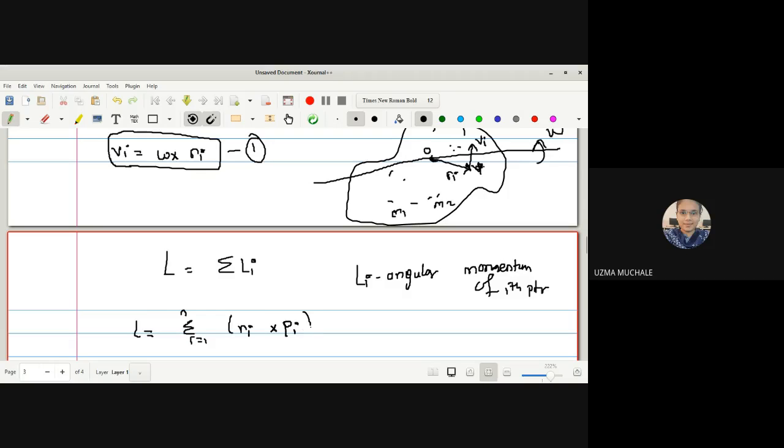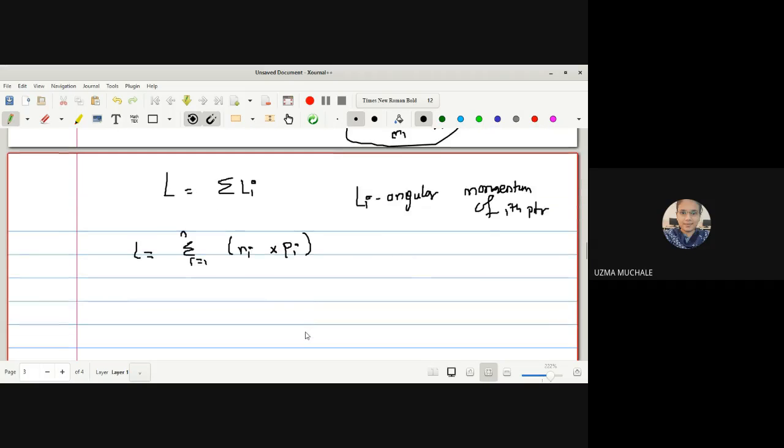If you remember from the first lecture, the one we took for the basic points in classical mechanics, at that time I gave these formulas. What is the relation between angular momentum, linear momentum, angular velocity, right?